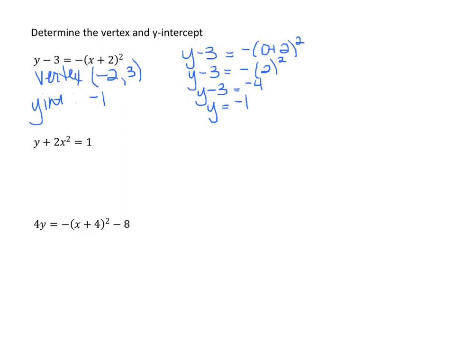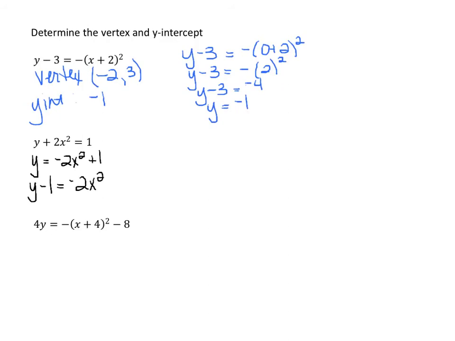Taking a look at the next one, it's not going to be quite as simple as the last one was. We're going to have to do some manipulating on this problem. So we've got y is equal to -2x squared plus 1. Now what I need to do is I need to complete the square. So I'll bring the 1 over. Y minus 1 is equal to -2x squared.